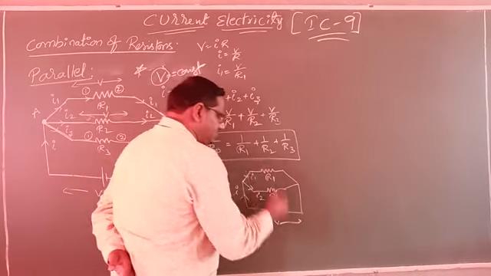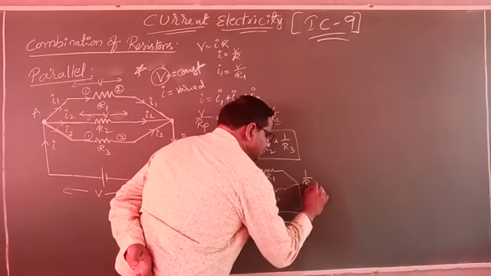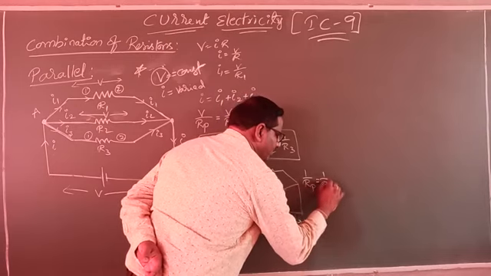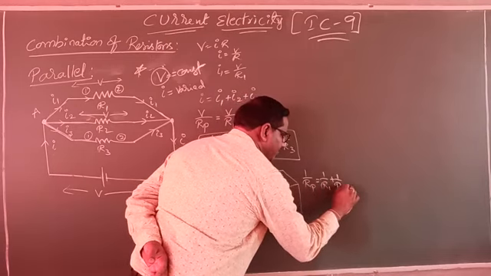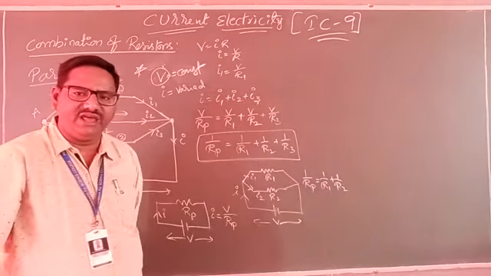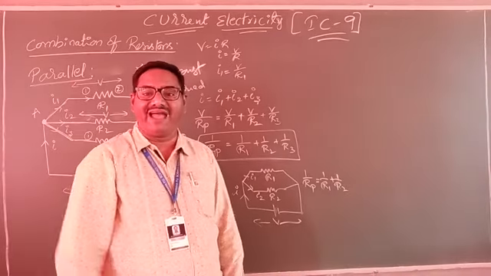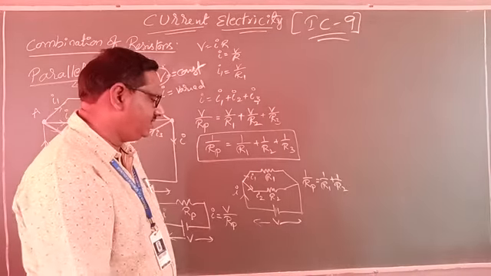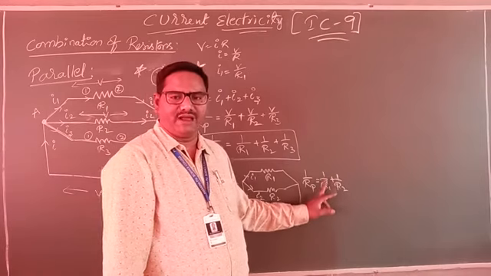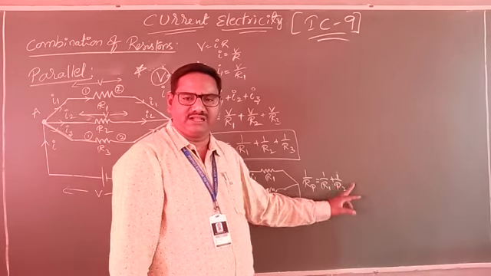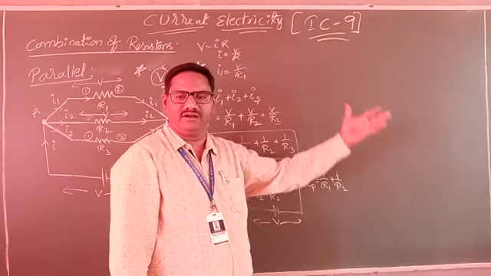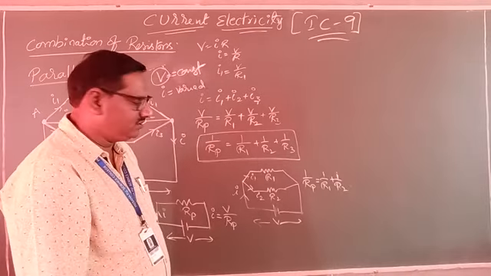Now, what can you write? If two resistors are there, 1 by Rp equal to 1 by R1 plus 1 by R2. Similarly, if we have N different resistors, then 1 by Rp equal to 1 by R1 plus 1 by R2 plus 1 by R3 plus so on, 1 by Rn. Clear? You can write like that.